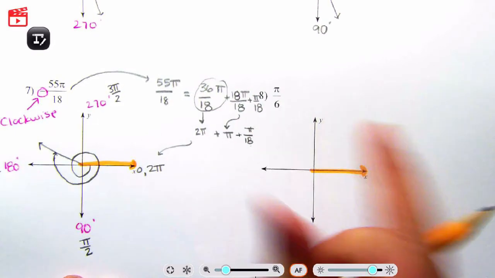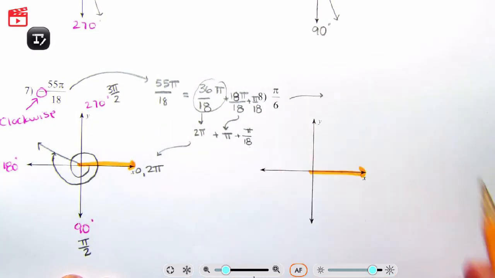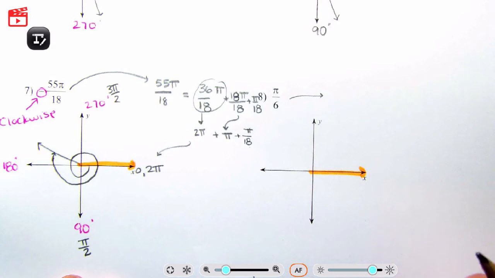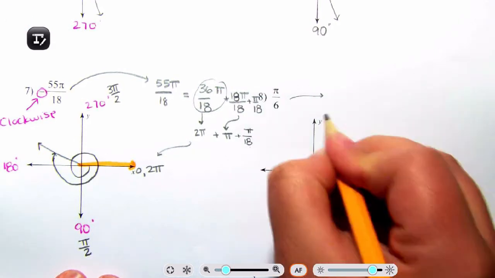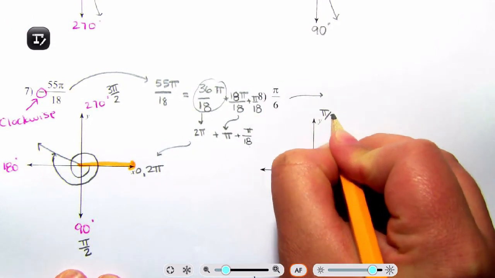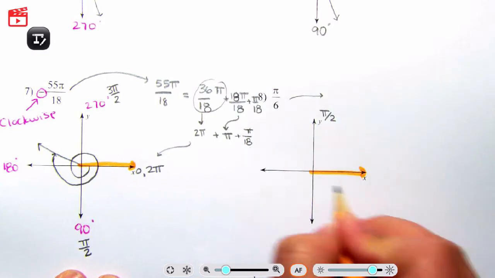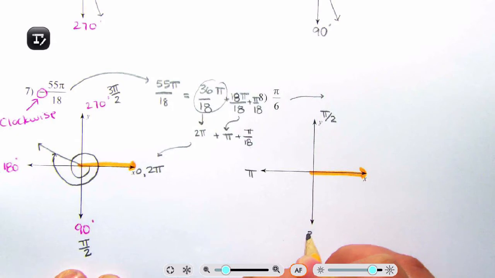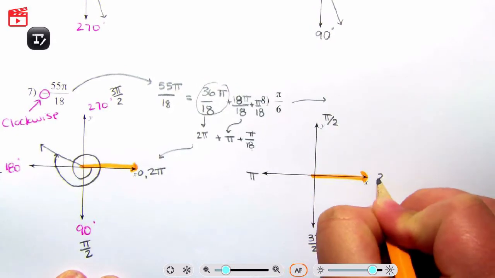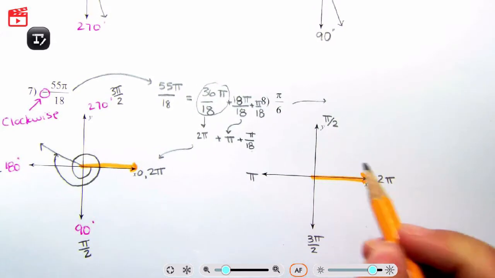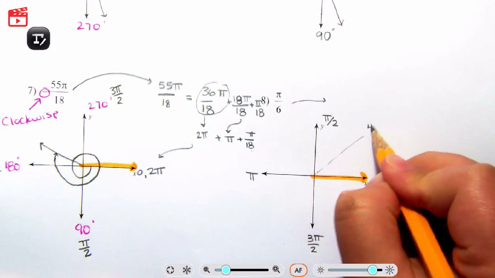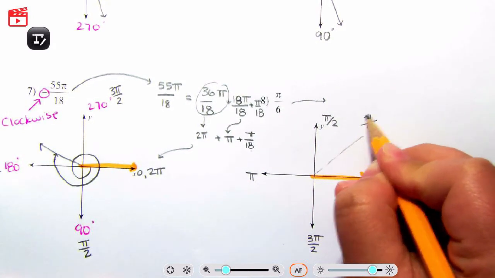Let's do this one more time. Here, pi sixths. It's a little difficult to do the same thing because we don't have any full rotations. Here is pi halves. It's not negative, so we're going counterclockwise, right? Here is pi, here is 3 pi halves, and here is 2 pi or 0. If we have pi halves, half of that is pi fourths.